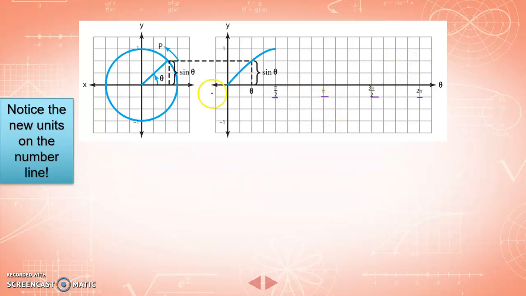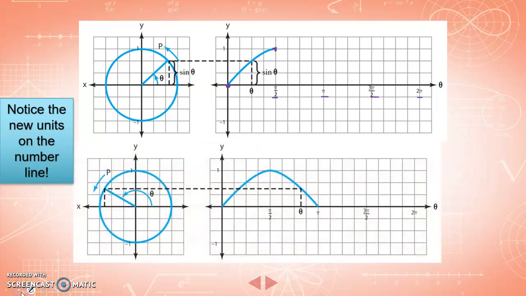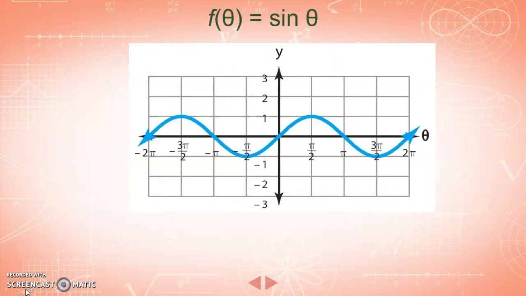We know that at the beginning of that unit circle, at 0 radians, our sine is also 0 because we are so familiar with that unit circle. And when we get up to pi over 2 or 90 degrees, our sine value is 1. If we continue to graph that function, we're going to see that at pi, our sine returns back to 0. And if we continue to graph that function, eventually our sine function will look like this.